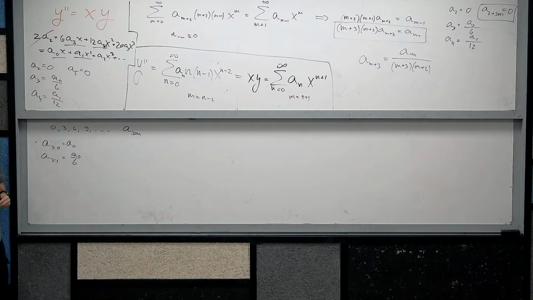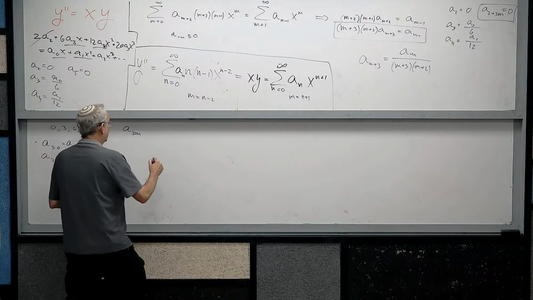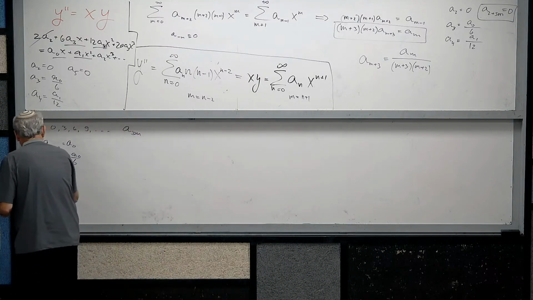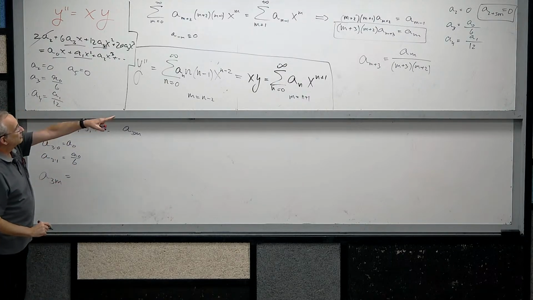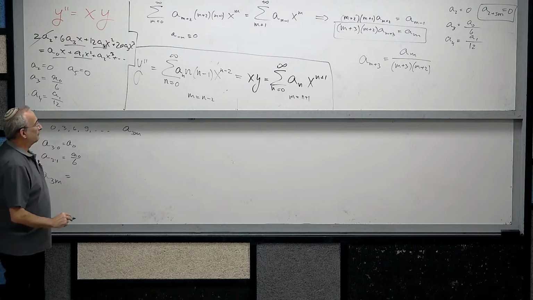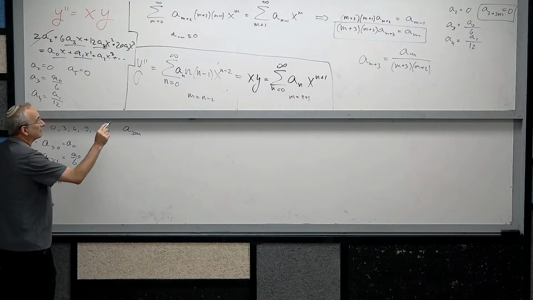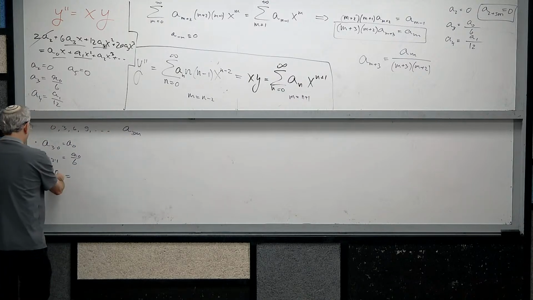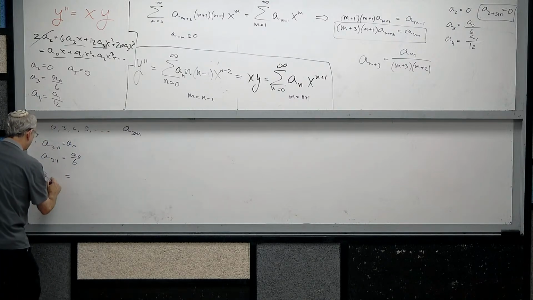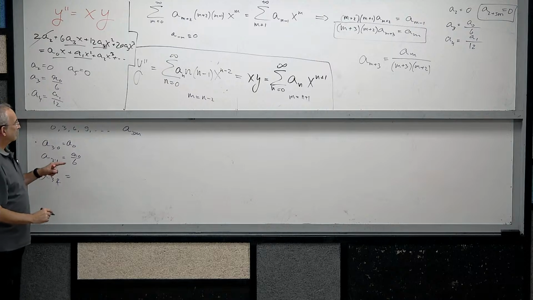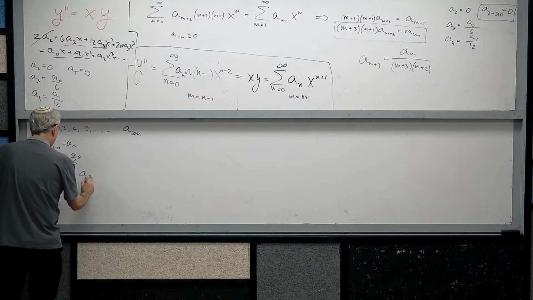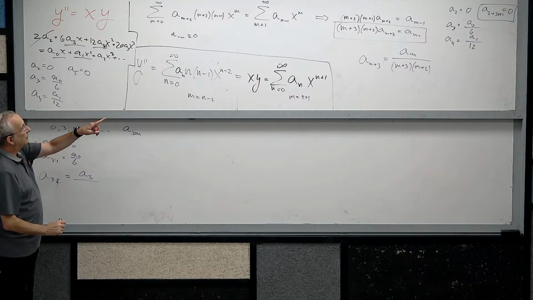Good. So, can one tell me here what is actually A3m? According to what is written there, right? Okay, let's ask what is A3 times 2. So what is A6? A0 divided by 6m. Again, A3 divided by, now m is 2.